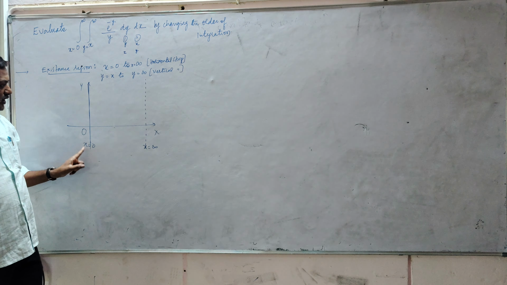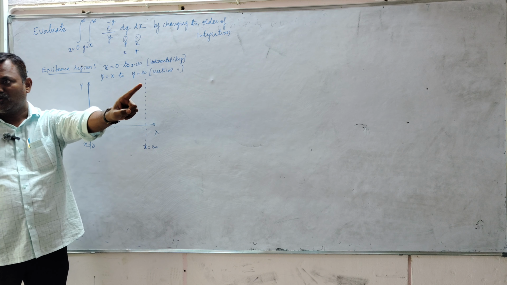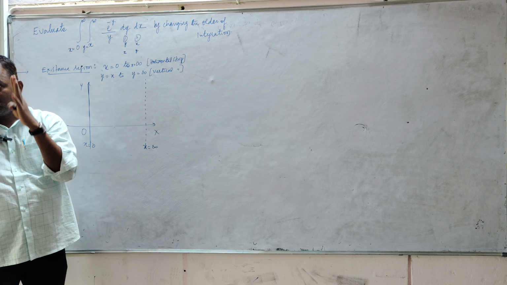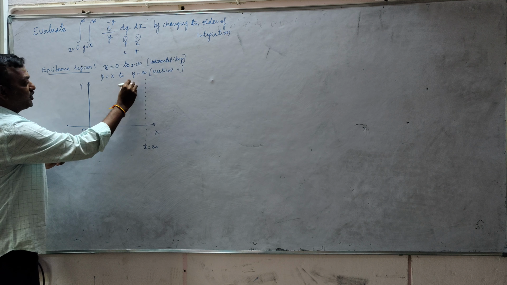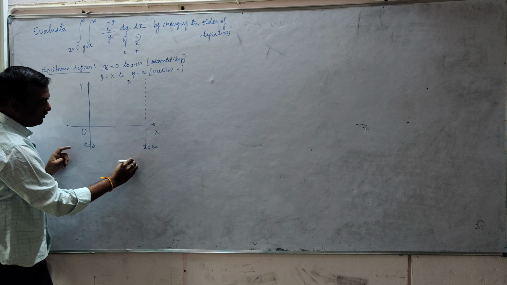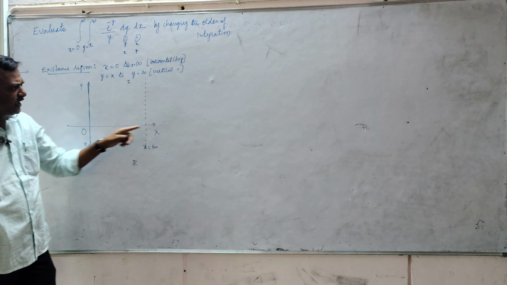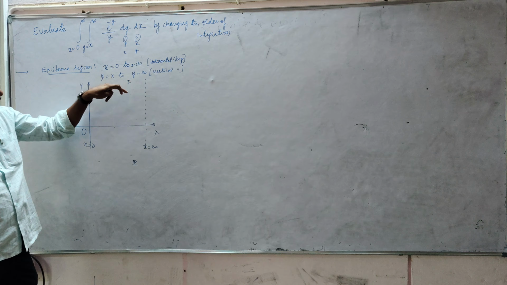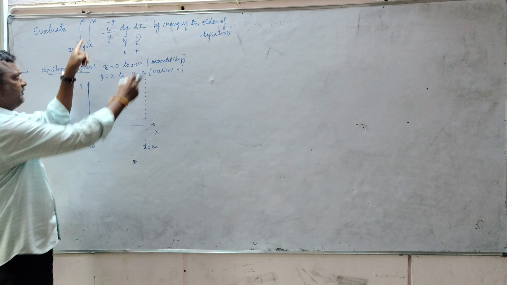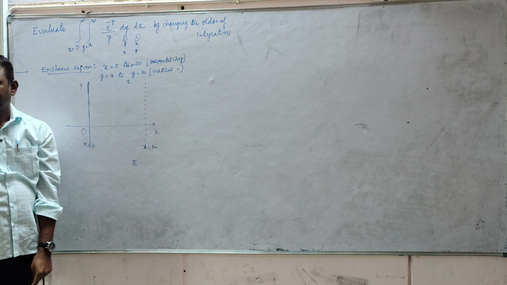So x equal to 0 to x equal to infinity means what? It will cover the area of the first quadrant and the fourth quadrant, between these two lines.